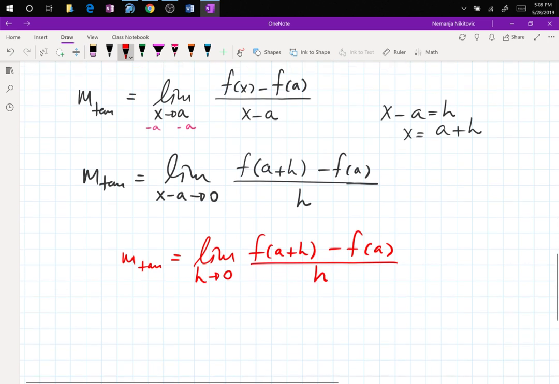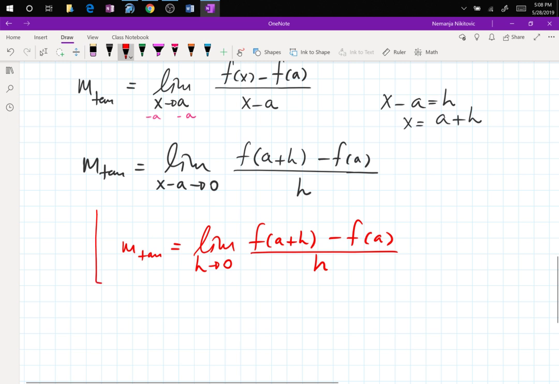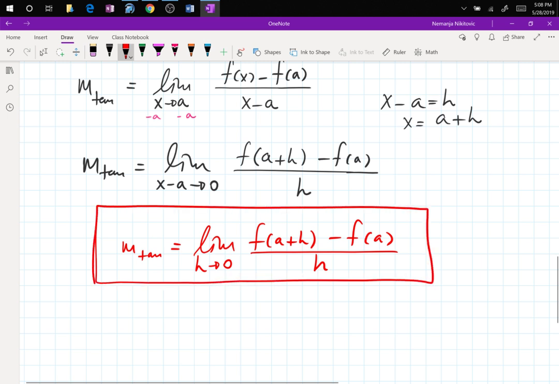Does anyone recognize the formula? Yes, I think I do. Difference quotient. Good. It's a difference quotient formula, and it's used to calculate the slope of the red line, and that red line is called the tangent line.